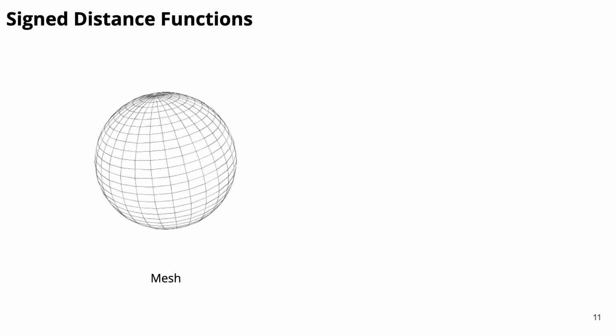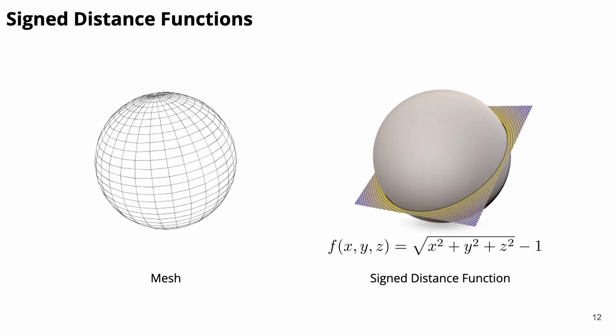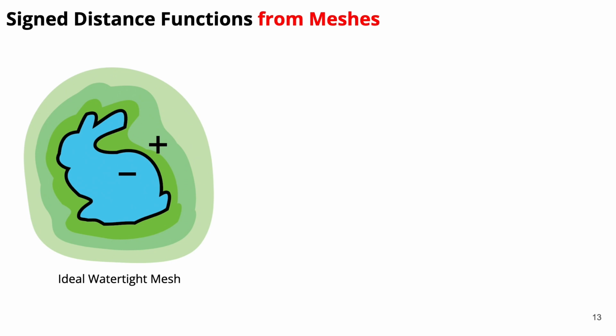Common geometry representations like meshes encode the surface of a shape with a graph structure. In comparison, signed distance functions can be mathematical formulas which define the signed distance to a surface. It is possible to extract the signed distance function from a mesh using an algorithm like the generalized winding number. However, meshes found in the wild can have a number of issues.